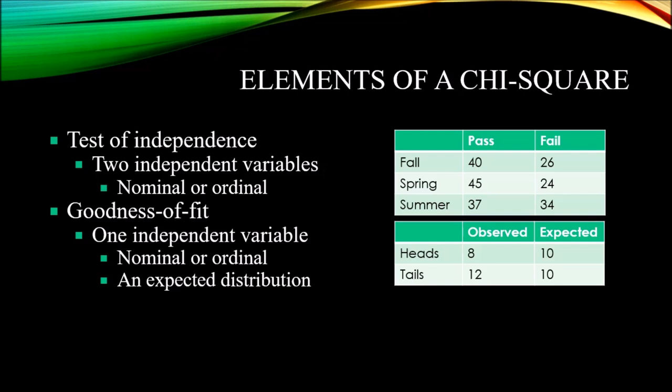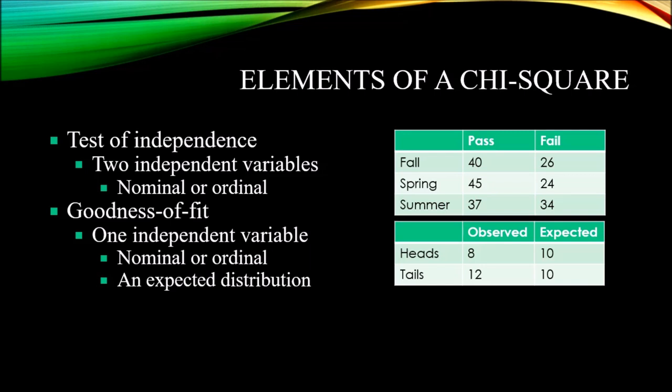You had 8 times where you had heads, 12 times where you had tails, and of course the expected distribution would be equal. There's a 50-50 chance for any particular observation. So for both the heads and tails categories, you would expect 10.